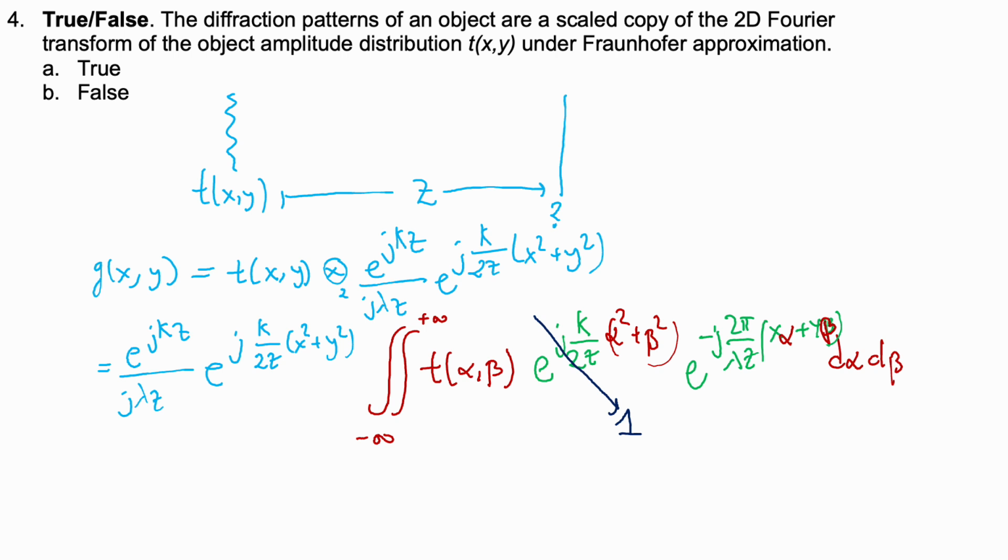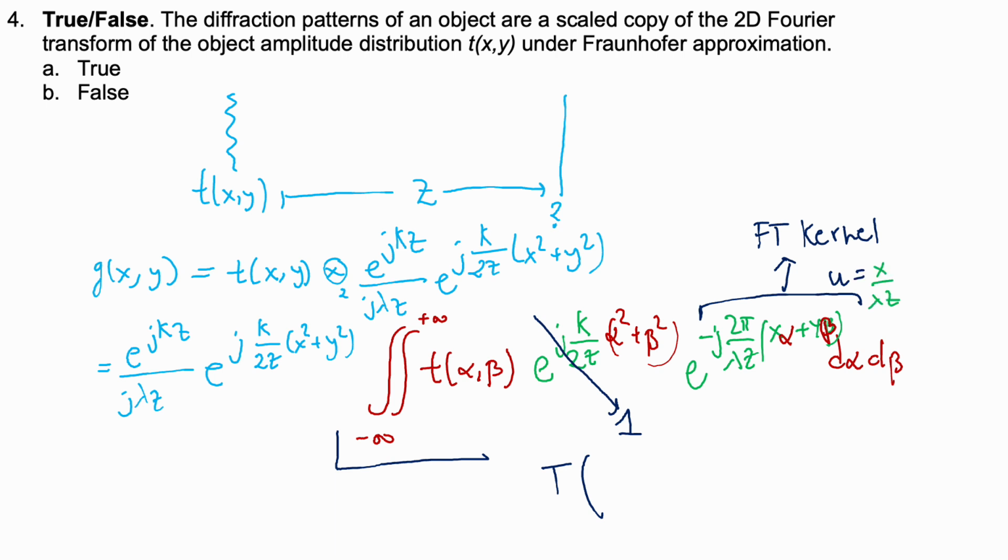So that is approximated to 1, and therefore under this approximation the whole integral right here is the Fourier transform kernel, where our frequency u is going to be x over lambda c, and our frequency v is going to be the same, y over lambda c.